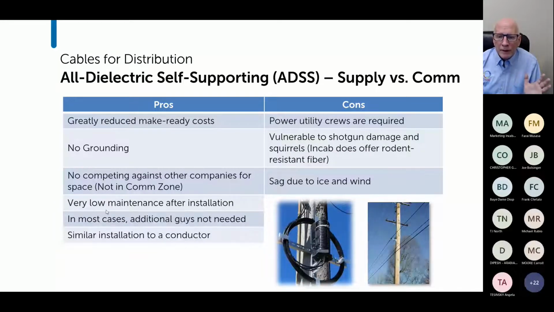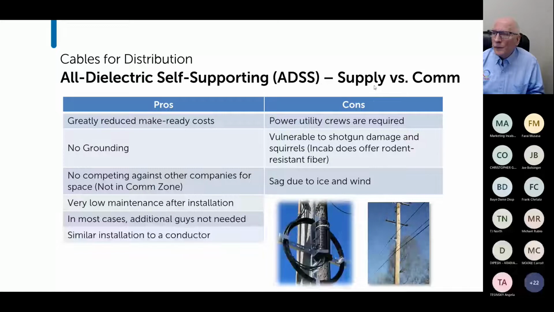After you get it installed, it's low maintenance. Generally speaking, you don't have to do any kind of structural reinforcement when you put up ADSS, to include guying for the cable's load itself. And the installation is pretty straightforward. Utility crews know how to work with conductors so they can work with ADSS.